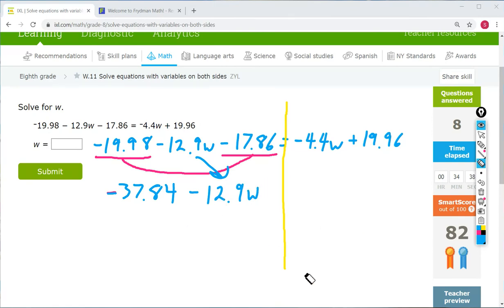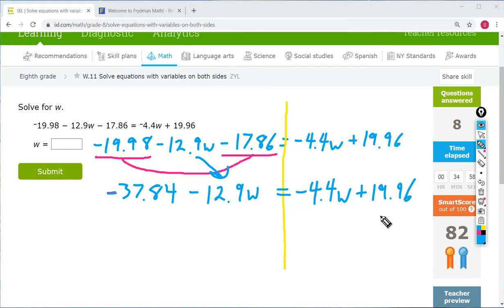All right. I'll just say, okay, so it's, well, okay. I won't go into an explanation of that, but let's just continue. So negative 4.4 W plus 19.96.